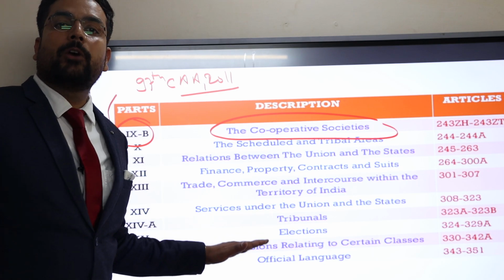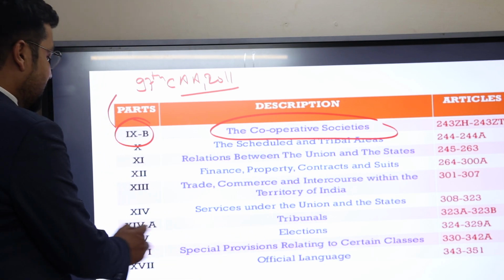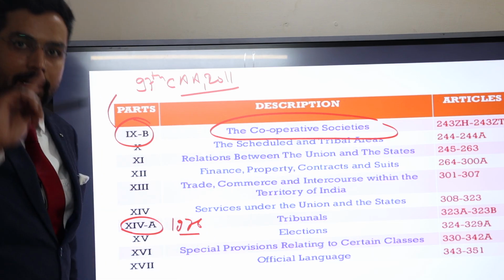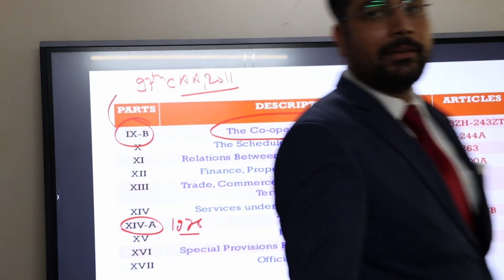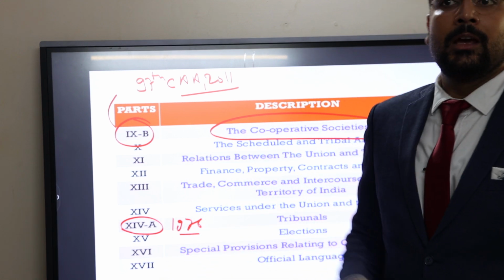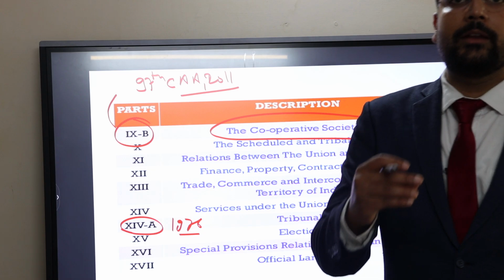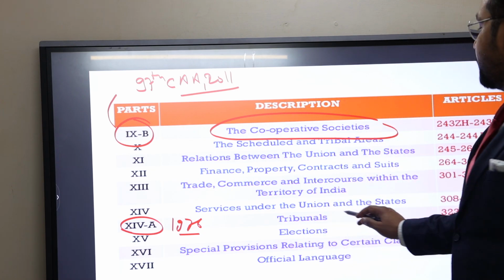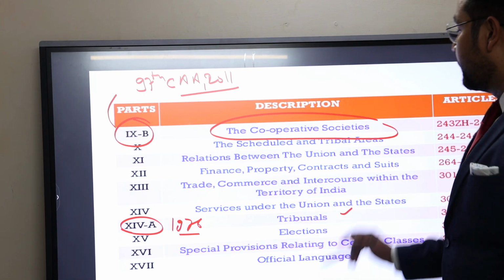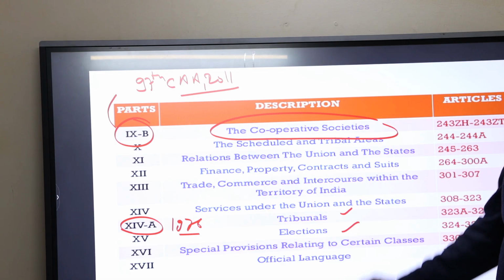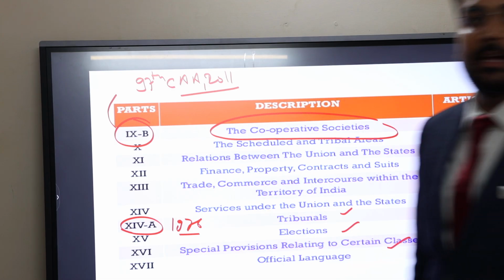Part 14A was added later in 1976 through the 42nd Amendment, known as tribunals. A tribunal is a kind of semi-judicial body to hear suits over a particular specific area. So these are the tribunals added in 1976. Apart from that, part 15 deals with election, 16 deals with special provisions related to certain classes.